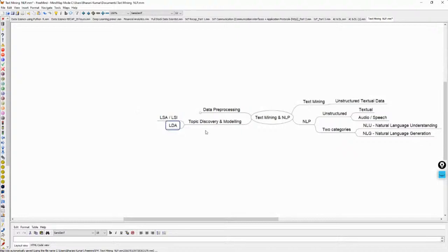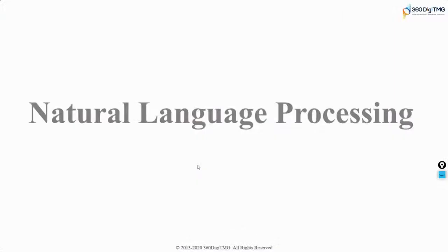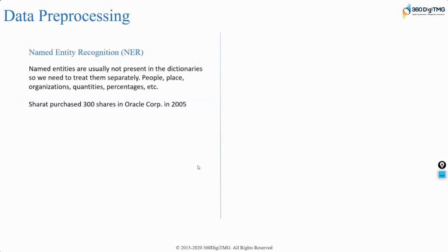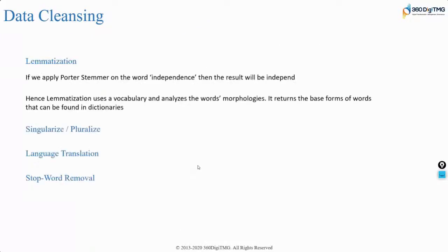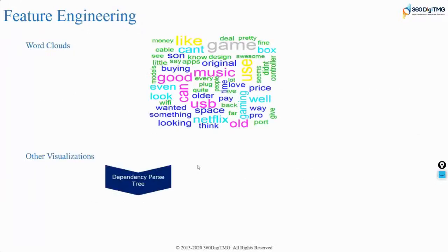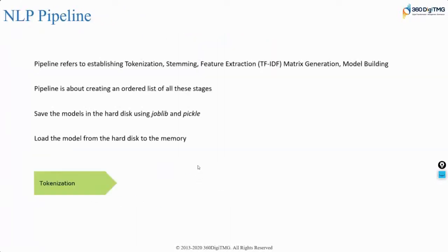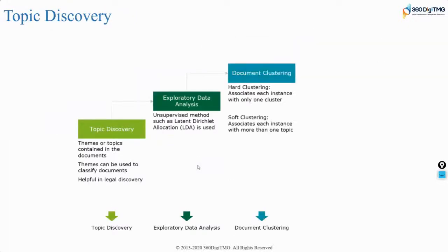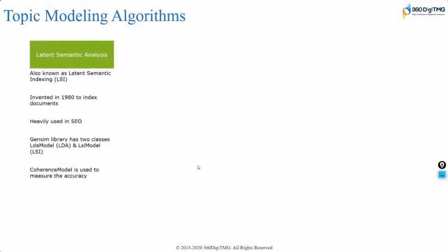We're going to discuss these two, and then of course there are a few other things that we will have to discuss. We covered a lot of ground in terms of all of these various techniques, scraping the web, and then topic discovery, LSA.